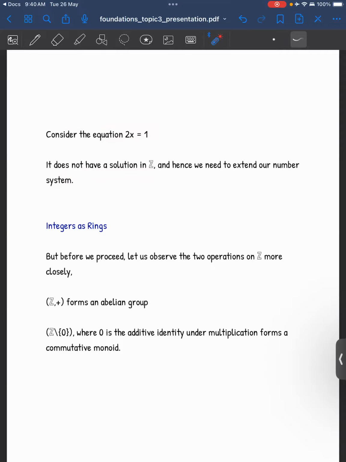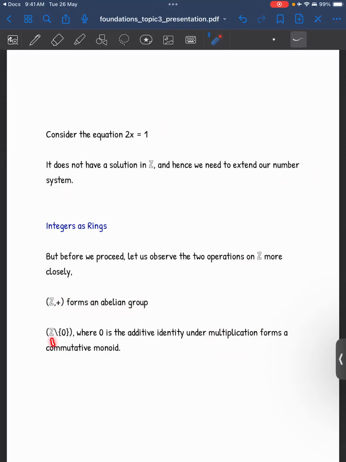And this essentially means that we need to extend our number system so that we can find a solution to this equation. We will come to this, but before we proceed, let us observe the two operations on integers that we just saw. One is addition and the other is the multiplication operation. So we saw that integers under addition form an abelian group.